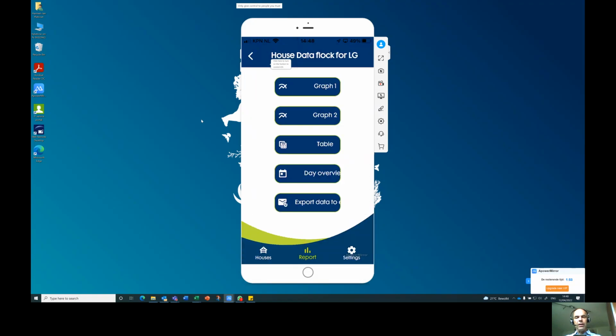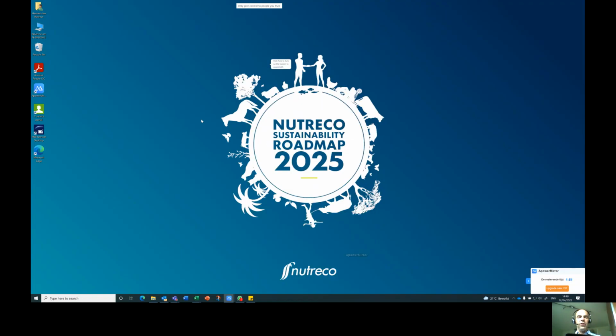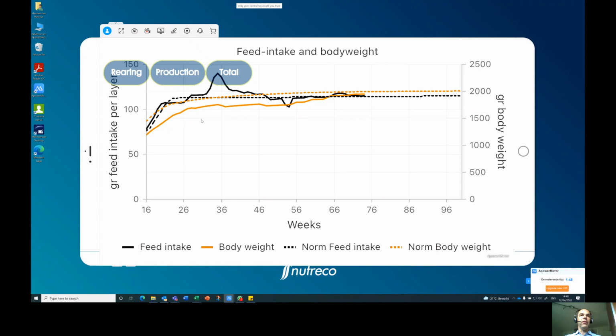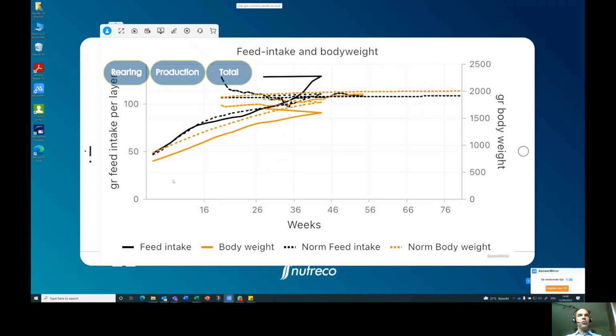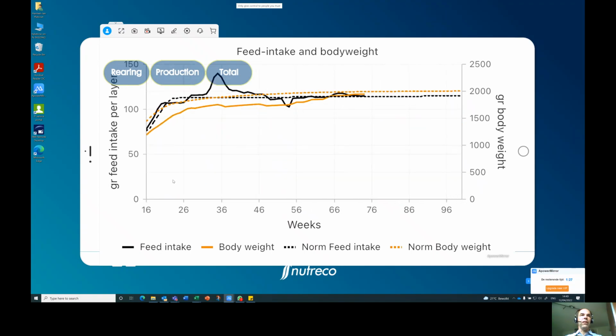If I go to the next graph, graph number 2, which is body weight and feed intake, and now I go to rearing, then you see the body weight development, the orange one again, and the feed intake line, the black one, compared to the dotted line, also in the graph. I can go to the production phase, and then it looks like this.